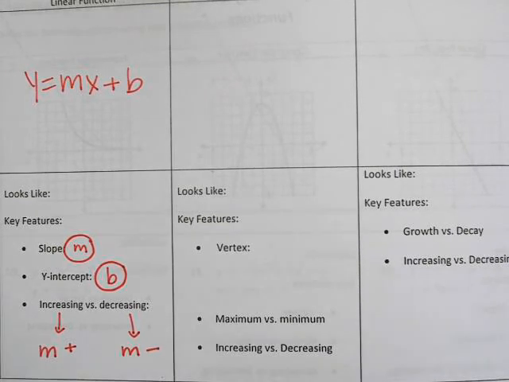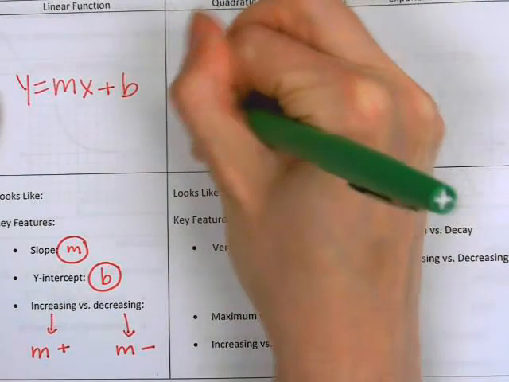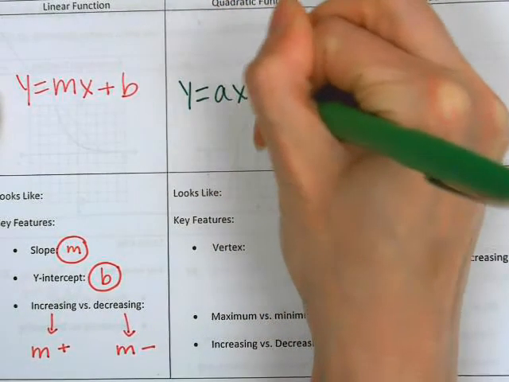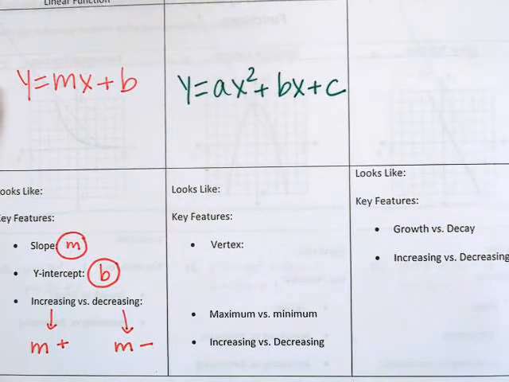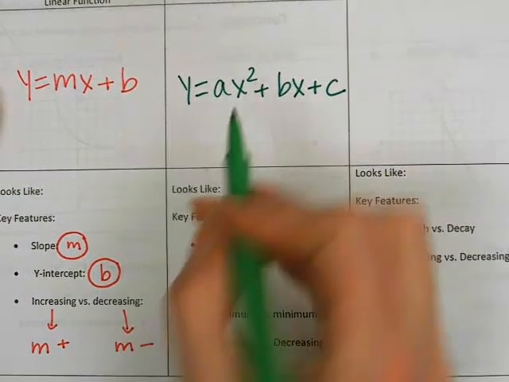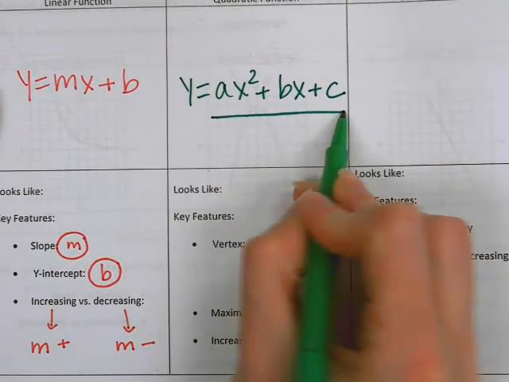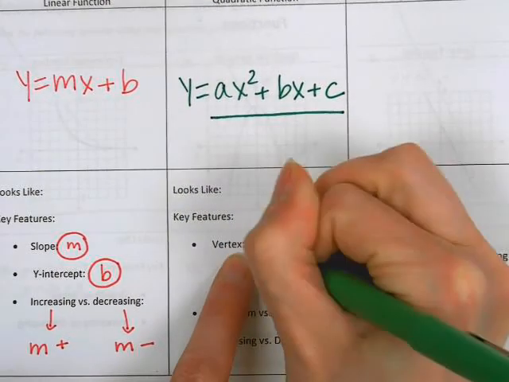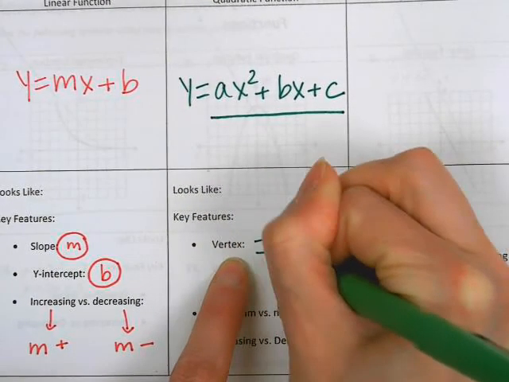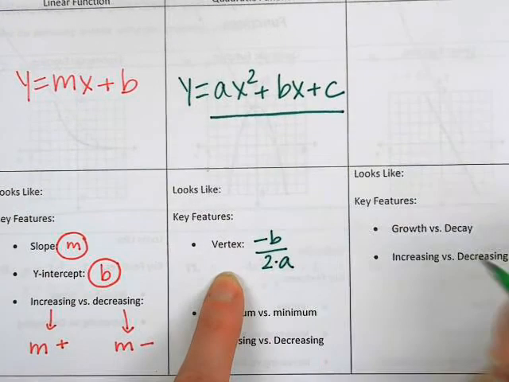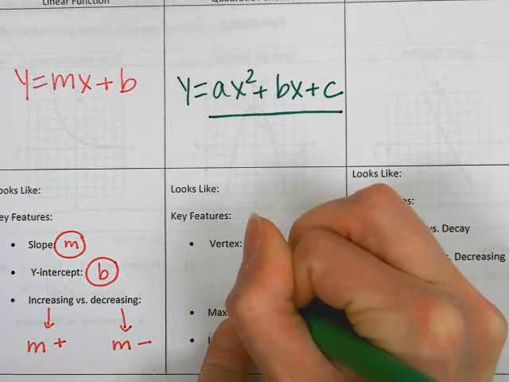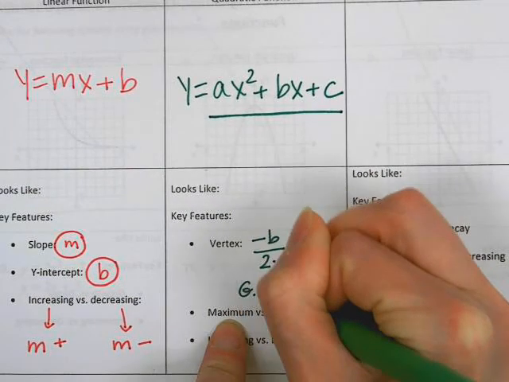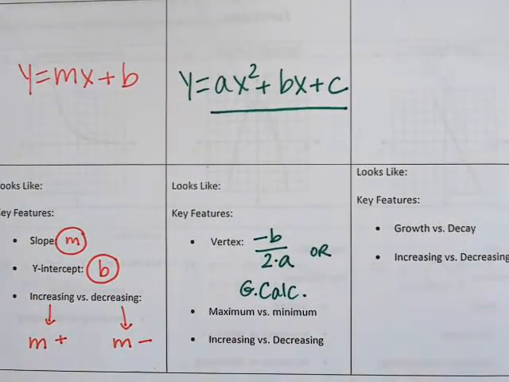Okay, quadratic function is of the form y equals ax squared plus bx plus c. When you just have a function, not a graph, the vertex is found by negative b over 2a. Or, if you remember, you can use your graphing calculator to find the vertex.